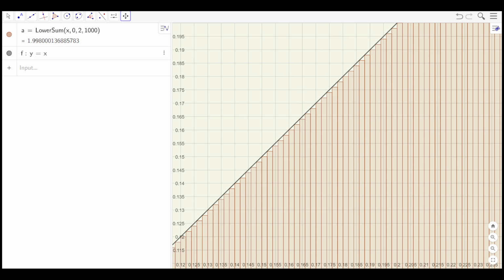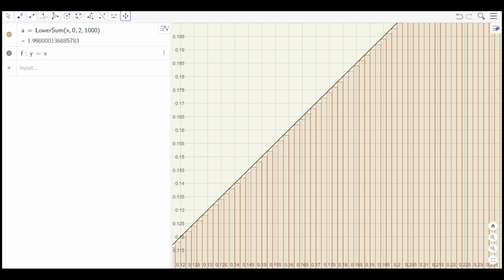Okay? So now, if I want to express Newton's formula, by the way, this is called the second fundamental theorem of integral calculus.